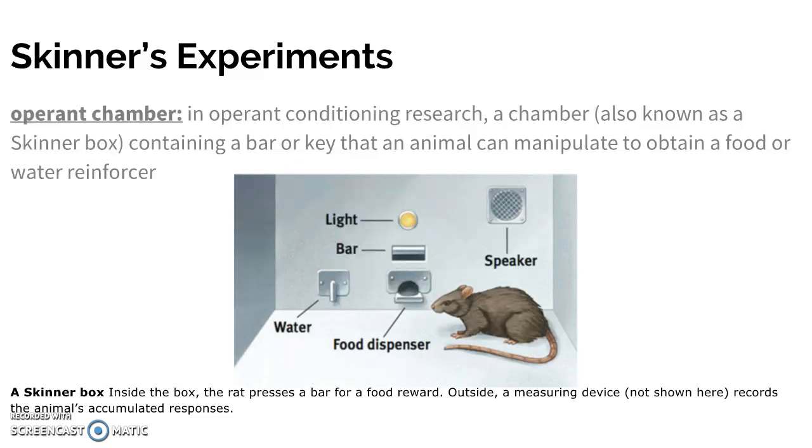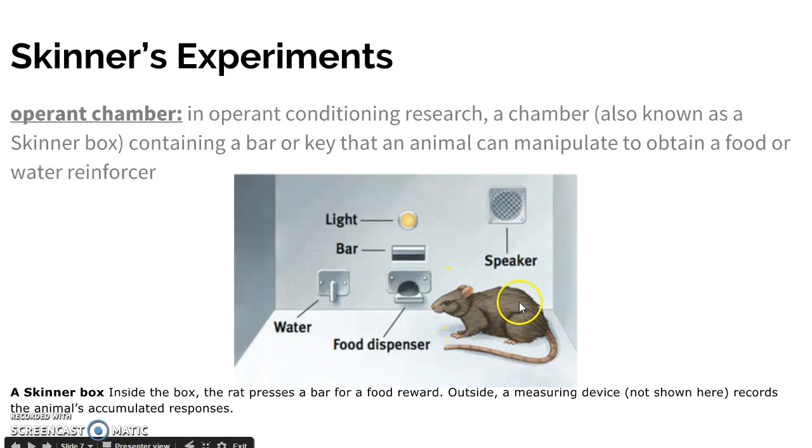Now, this is why he was controversial, all right? He created these things called operant chambers, otherwise known as a Skinner box. This is where he did his experiments on operant conditioning. In operant conditioning research, an operant chamber contained a bar or key that an animal can manipulate to obtain food or water reinforcer.